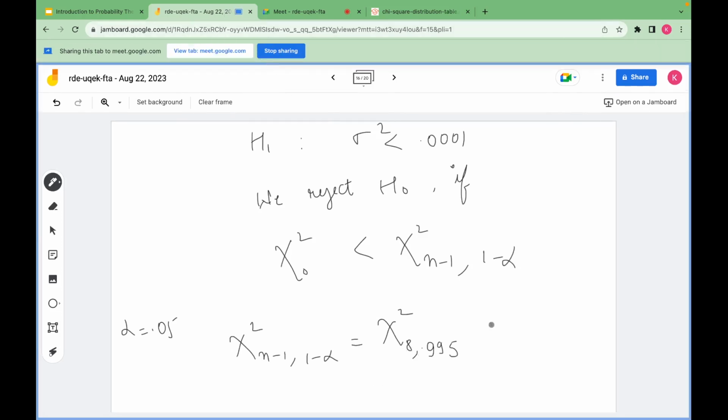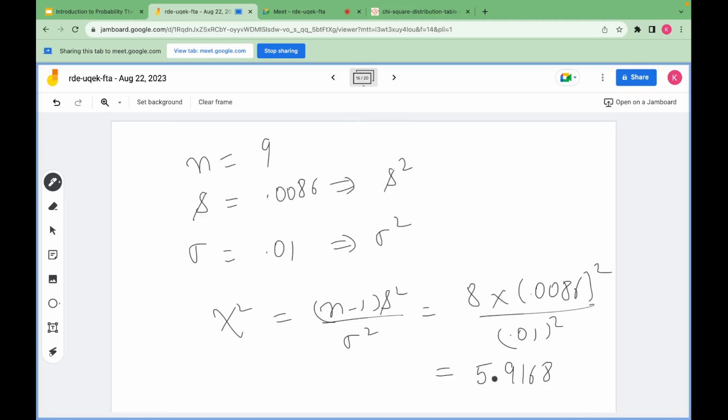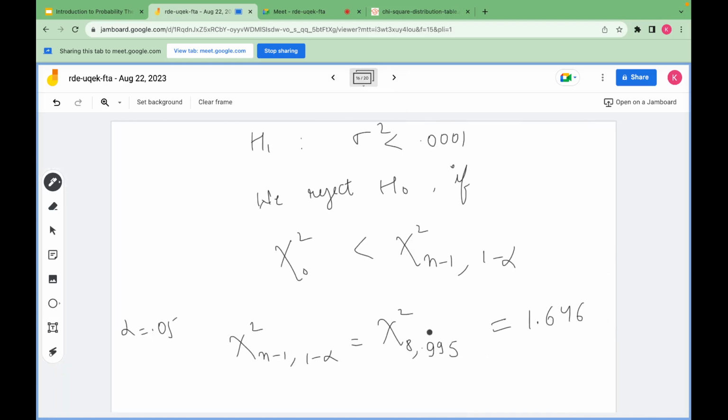We calculated the test statistic, which came out to be 5.9168. So we reject this H0 if the test statistic is less than this chi value which we calculated from the table.